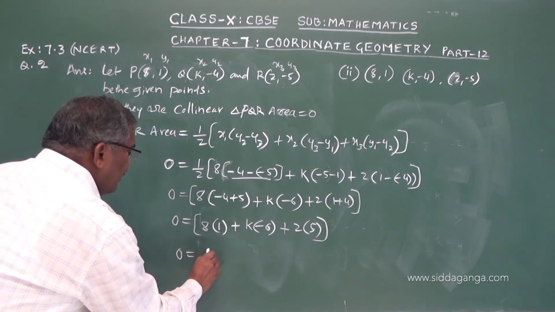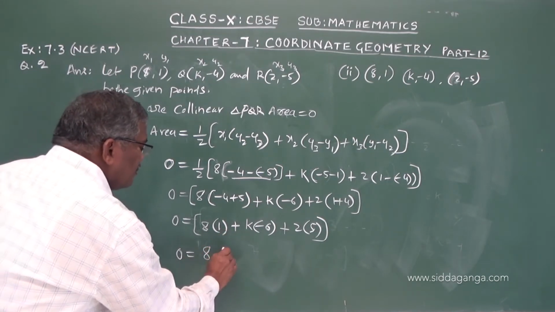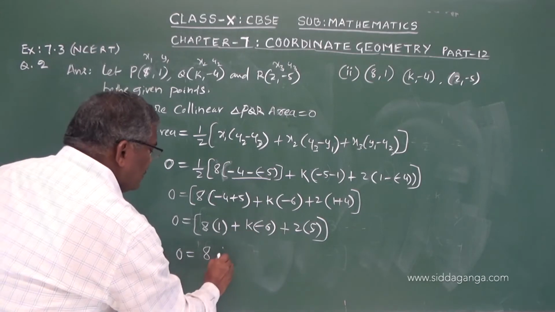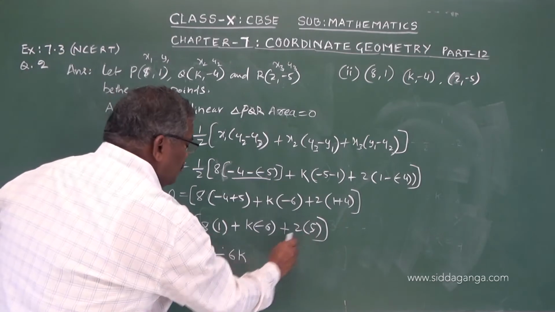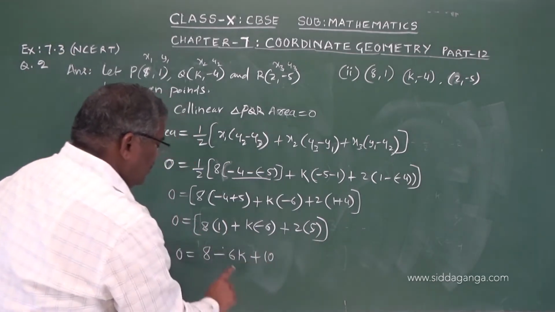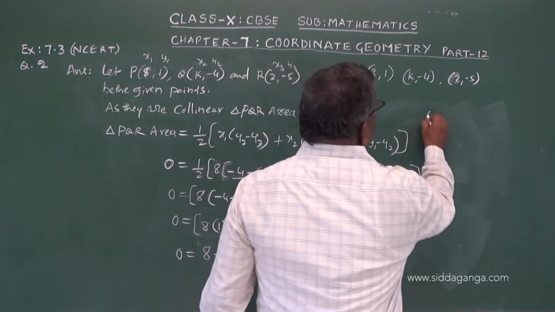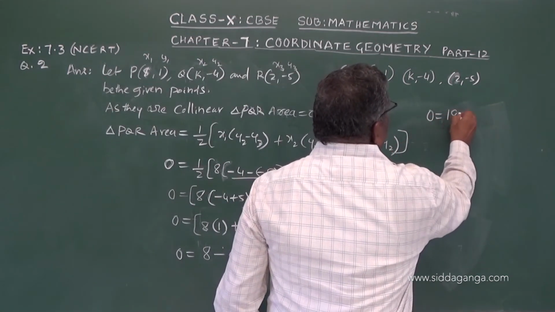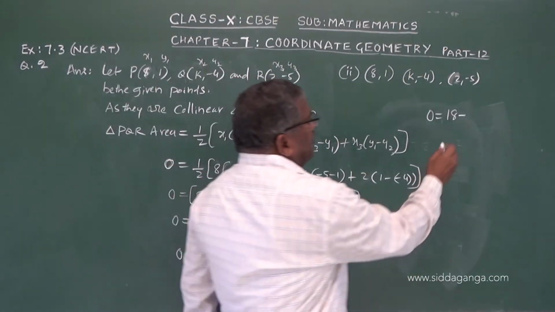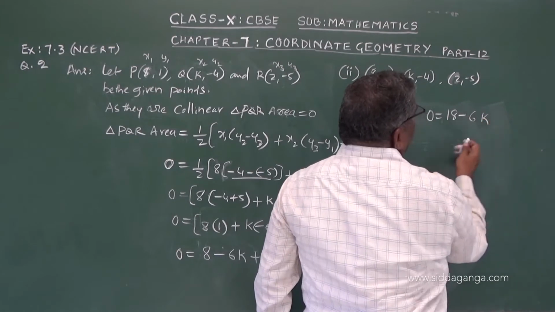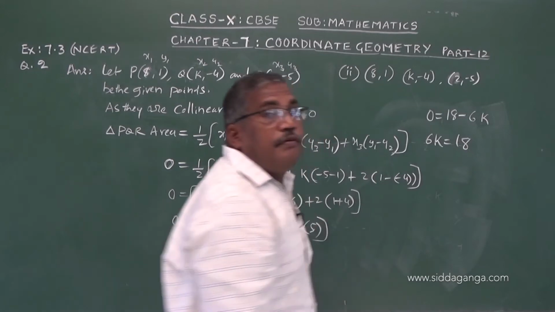So 0 equals 8 into 1 is 8, plus k into minus 6 is minus 6k, plus 2 into 5 is 10. So 10 plus 8 is 18. We will get 0 equals 18 minus 6k, or 6k equals 18.